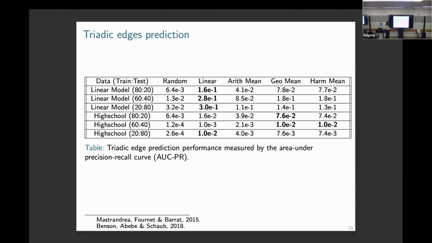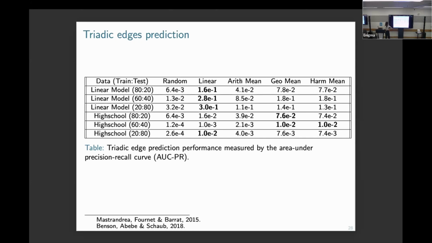Basically, those methods count how many times the nodes have been connected in hyperedges in the training data, or in the past, and take the average over all pairs within the triplets. If the average is high, then it predicts a new hyperedge. If the mean is low, then no hyperedge. So it's basically using the past to predict the future.